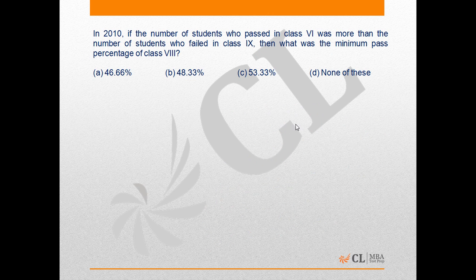In the next question, it is given that the number of students who passed in class 6th was more than the number of students who failed in class 10th, which means X minus 32 is greater than or equal to 76 minus X. From here we get X greater than or equal to 54, and we have to minimize the pass percentage of class 8th students.